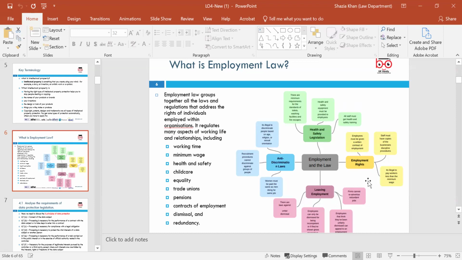Employment rights are the rights employers have. Leaving rights are only available if you leave the organization. Anti-discrimination rights include things like the working time directive, no discrimination, everyone treated equally. So these are many aspects regulated within employment law.